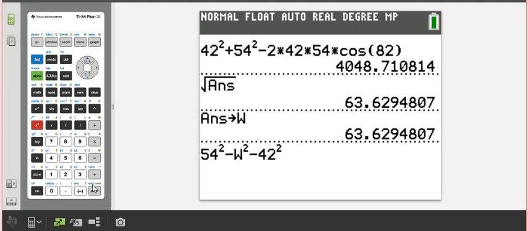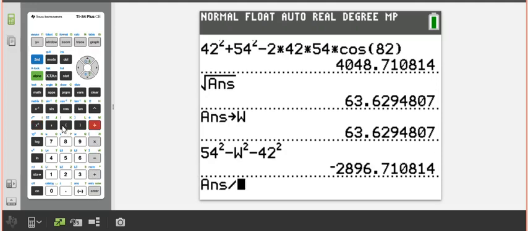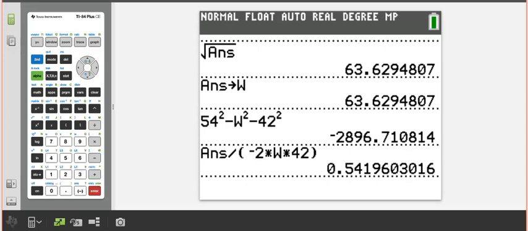This is the numerator. We need to divide this by negative 2, and make sure you put the entire denominator in parentheses: negative 2 times w times z, which is 42. So this is the cosine of x.